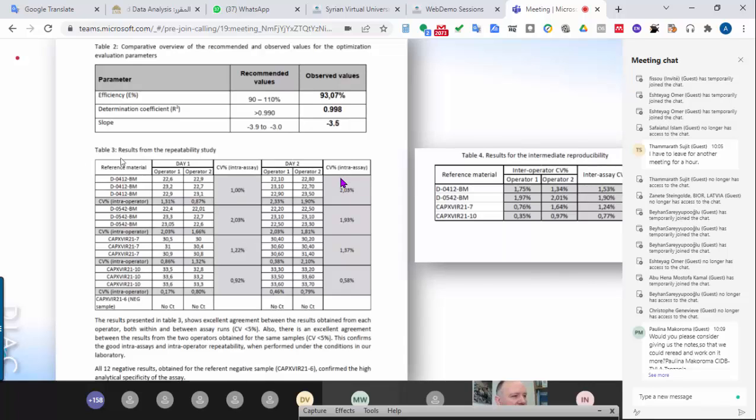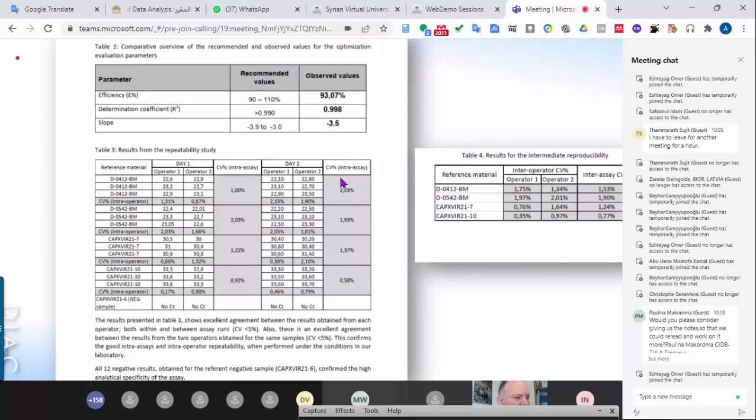Then in the third table, you can see the results from the repeatability study. This is a very familiar picture and numbers for you because it was the same data set used 2 days ago for the repeatability study when we discussed it. So it is already familiar.